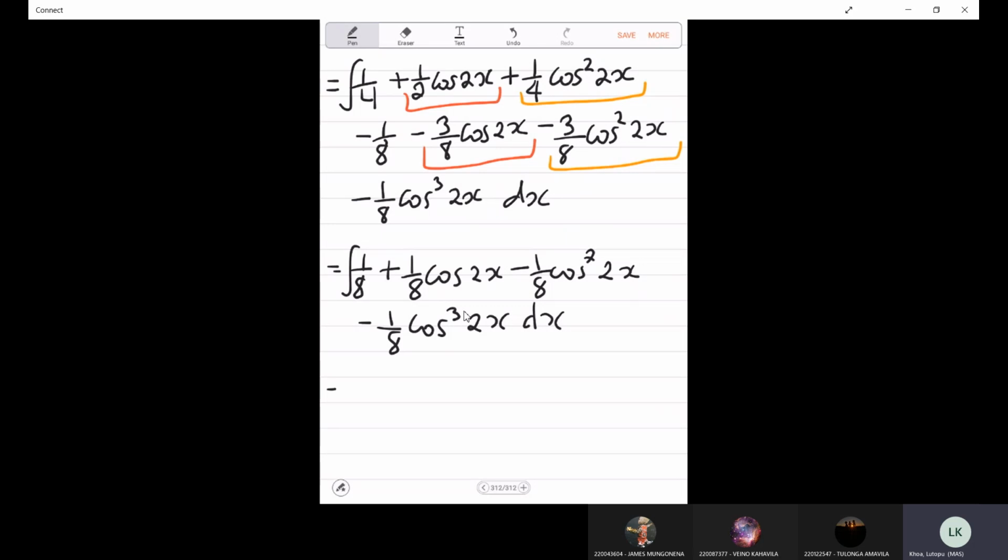Okay, so this is the integral of 1/8, and then 1/8 cos 2x. Then minus 1/8. We say the cos squared, this is a half of 1 plus cos 4x.